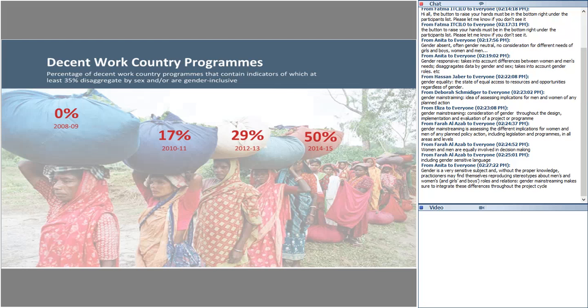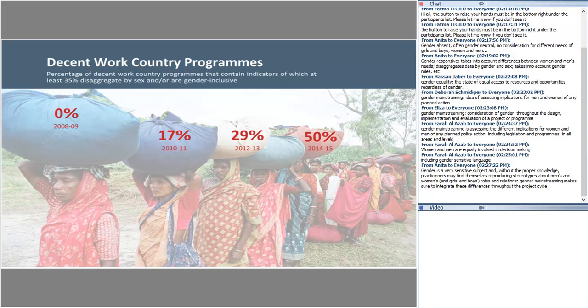And the reason this one is so interesting is because you can see in 2008-2009, 0% of decent work country programs, I know because I am the person who actually scanned all the decent work country programs, 0% had at least one gender inclusive indicator.